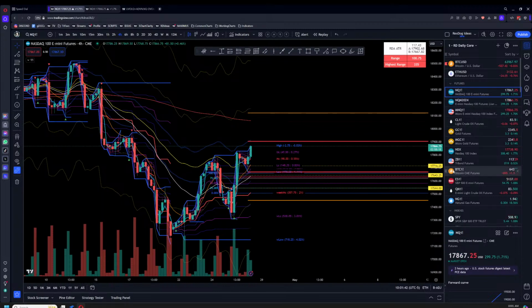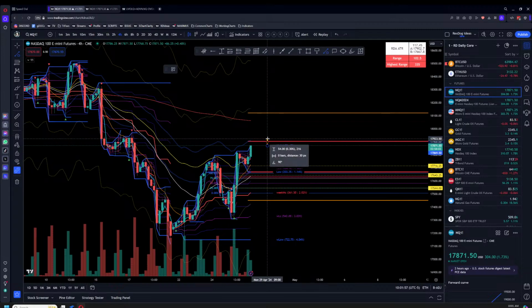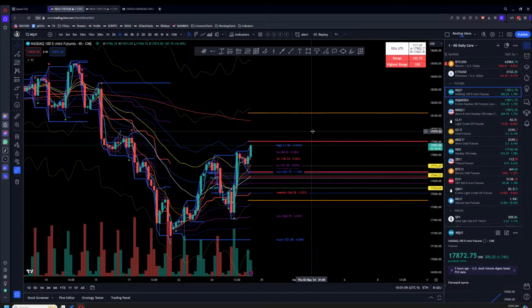The current range of this candle is 100. So if we just do 100 for the next one, 4 hour, well, it's 54 away. So that's well within 1/4 of that range.